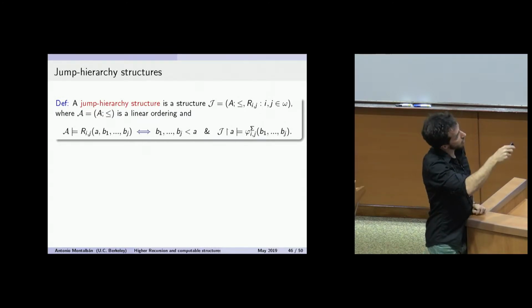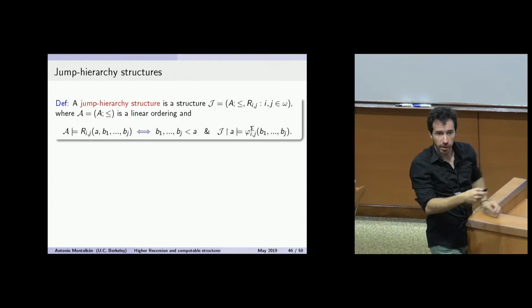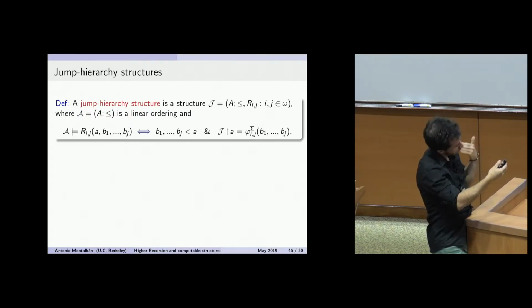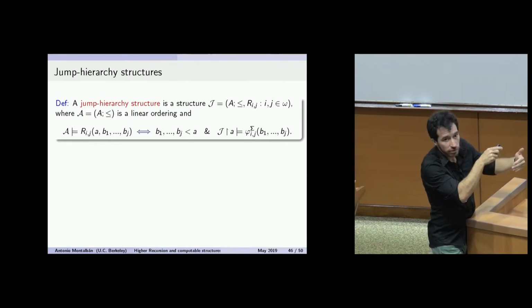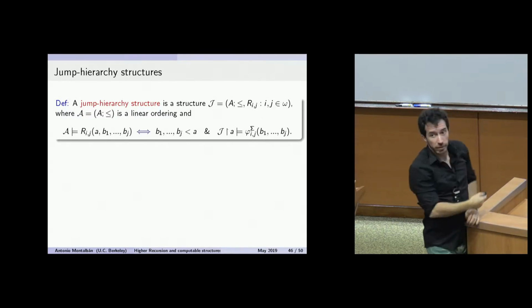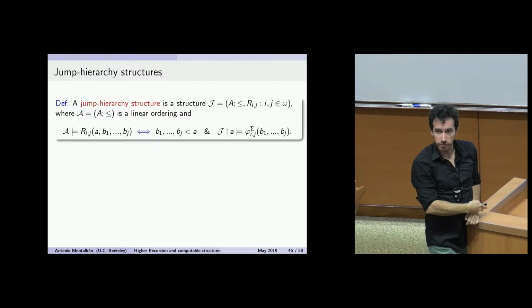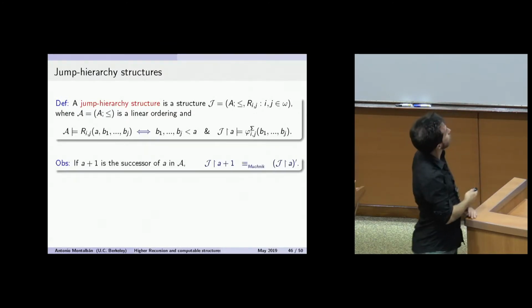Okay, so remember, these are the sigma 1 formulas with additive j all listed, and you look at whether the formula is true all the way up to A, and then that's what you put in here.